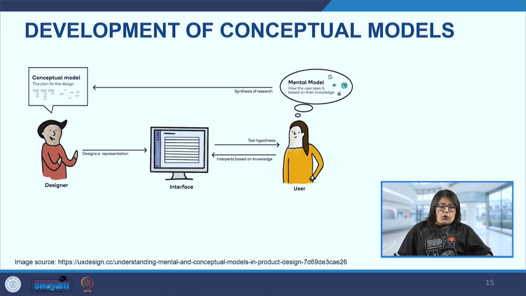The conceptual model visually represents how a designer understands the user's mental models. Designers use information from the user research that we have conducted, like interviews, surveys or observations, to develop the visual representation of how users perceive and interact with the system or the product.